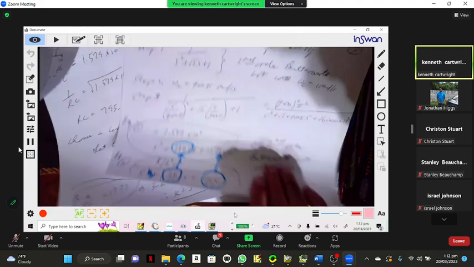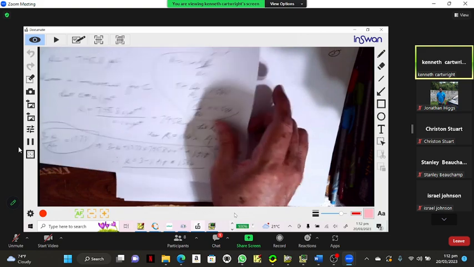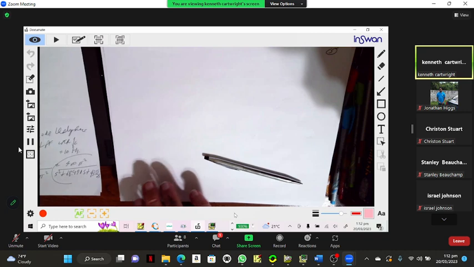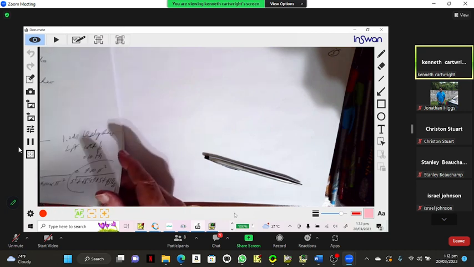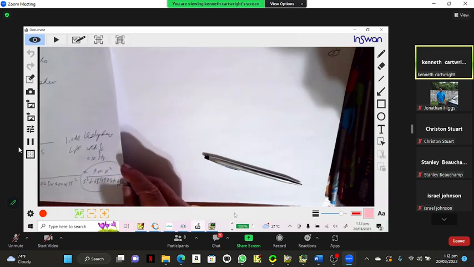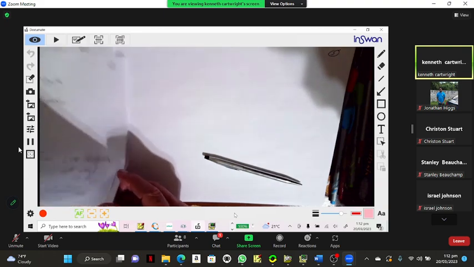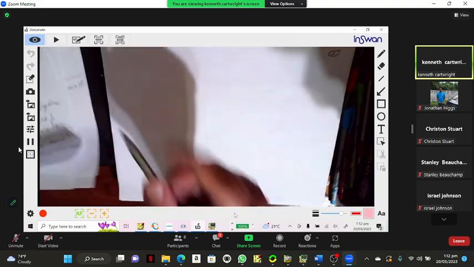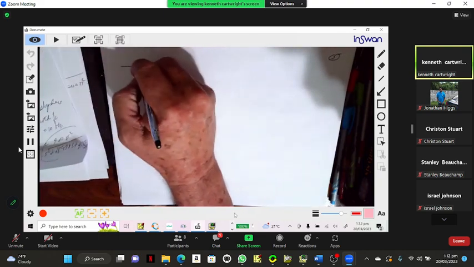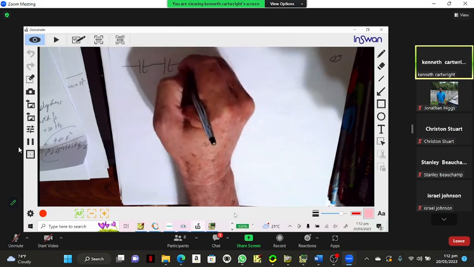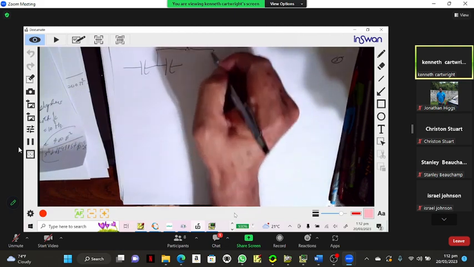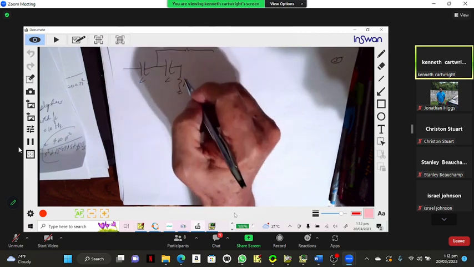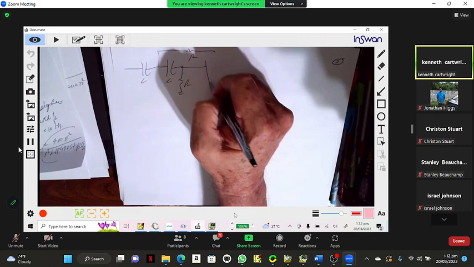The shape would be right, but the gain itself won't be right. The high pass filter now: capacitor, capacitor, resistor, resistor.